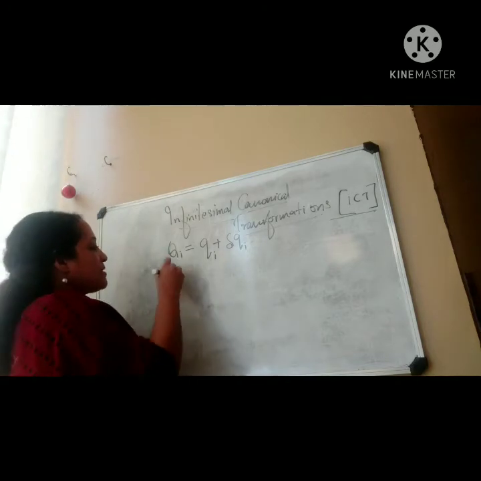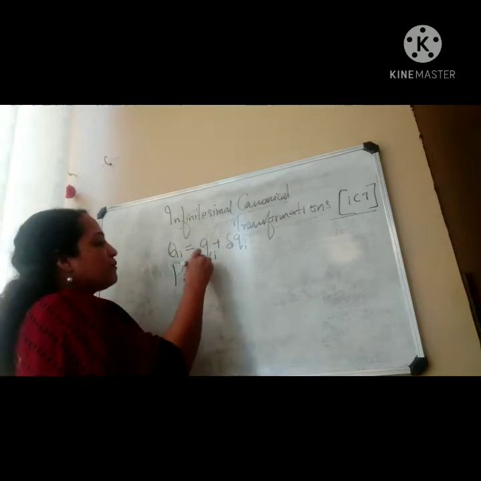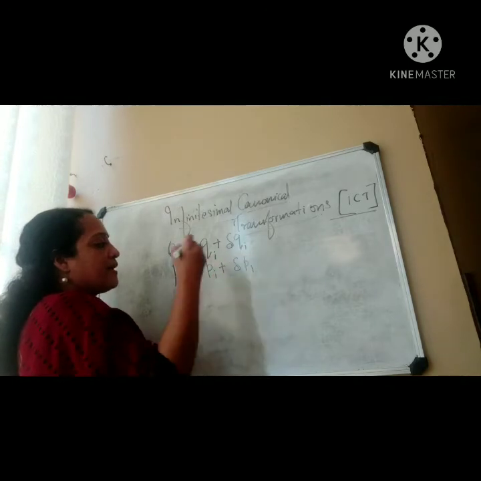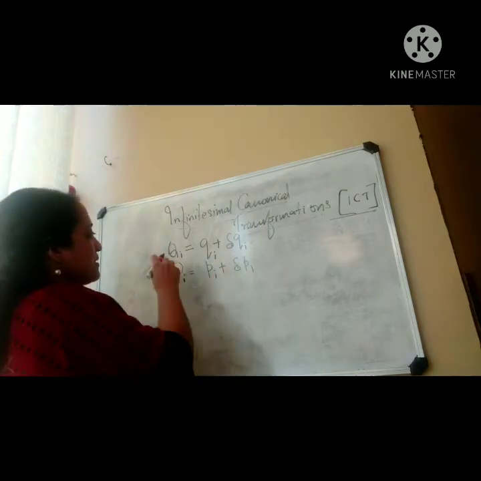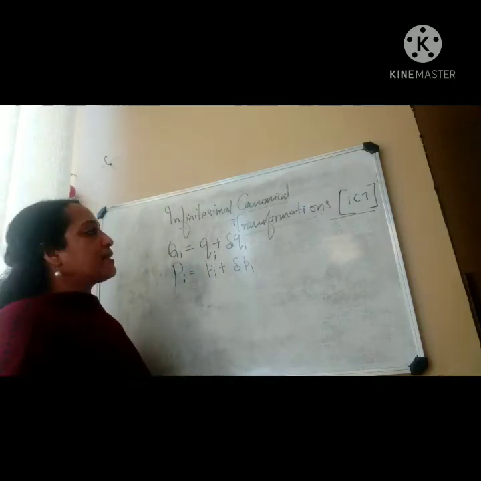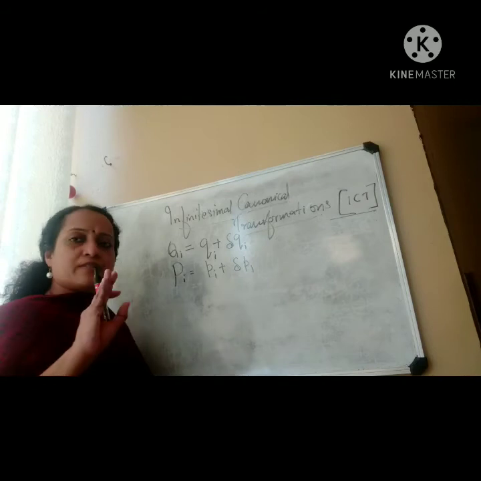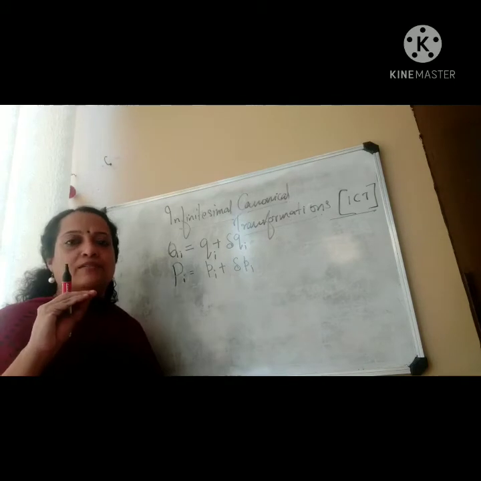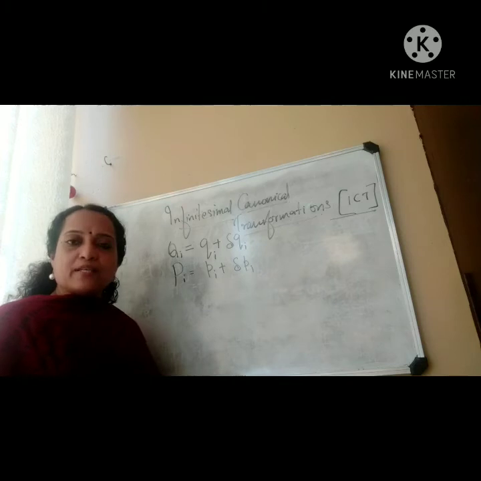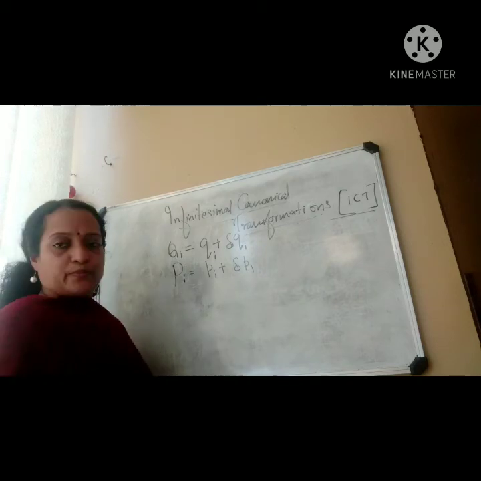Similarly, the new momentum capital Pi will be equal to the old momentum pi plus delta pi. This is the relation between old and new coordinates under ICT. There is only an infinitesimally small change in the coordinates and momenta after the transformation.